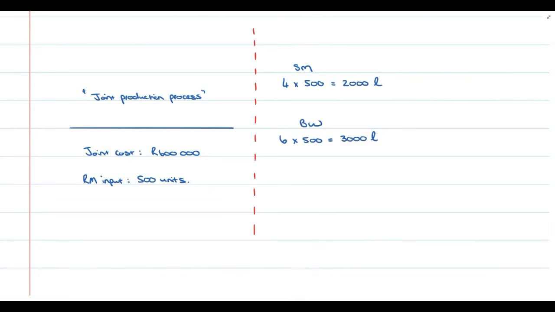So let's first put the selling price per litre at the split-off point. So if these products are sold at the split-off point without further processing, SM can be sold for 1,215 Rand per litre and BW for 690 Rand per litre.